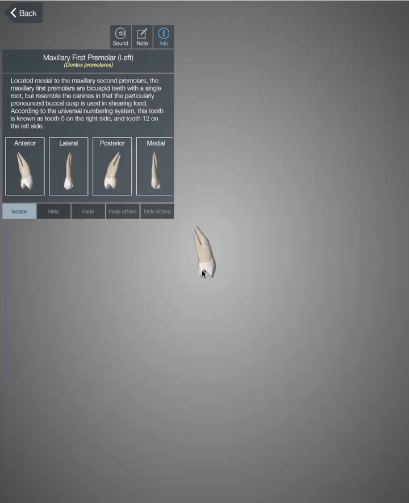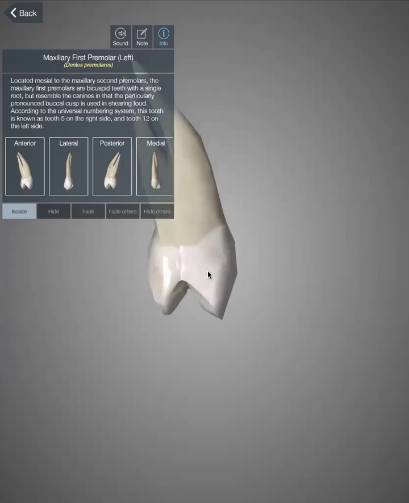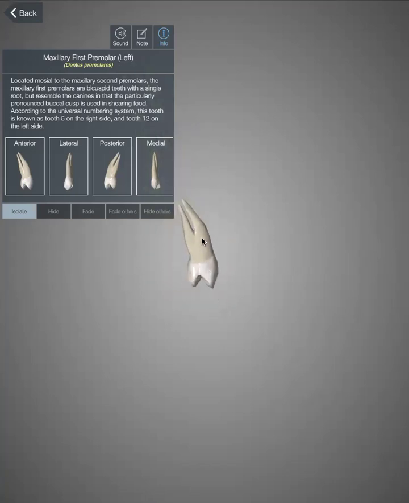The crown is covered by enamel. This white thing is called enamel. The root is covered by something called cementum. This is enamel and this is cementum.